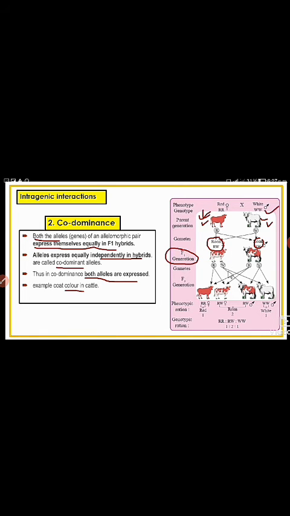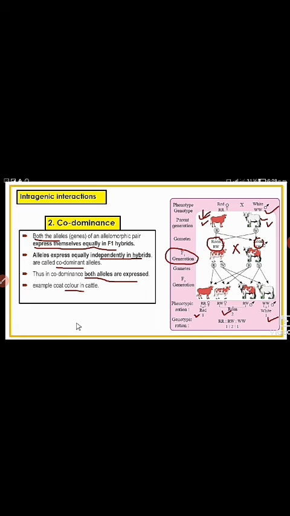So this is the second example, crossing of F1 hybrids. Roan color is crossed with roan color; F1 is crossed with F1 roan colored cow. It gives a 1:2:1 ratio. The phenotypic ratio is 1 red, 2 roan and 1 white.